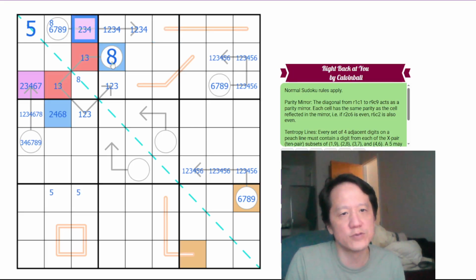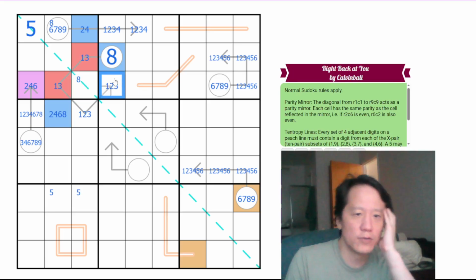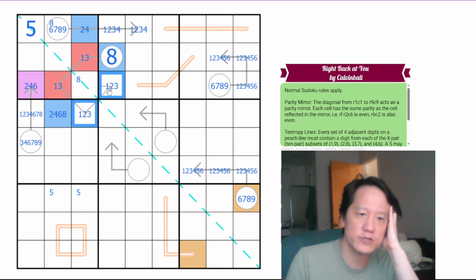So this is 1 and 3, which means this has to be even, and it must be 2 or 4. This must be even, and is 2, 4, or 6. We don't know about this. Could be 2, 2, could be 1, 3 pair, we're not sure.